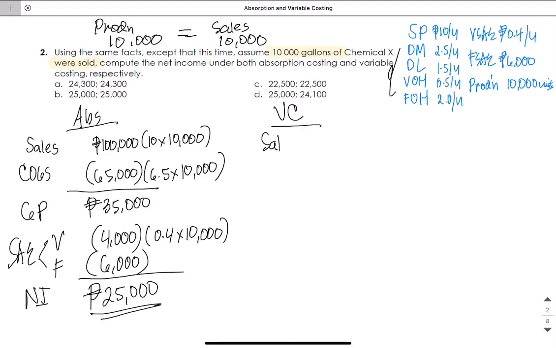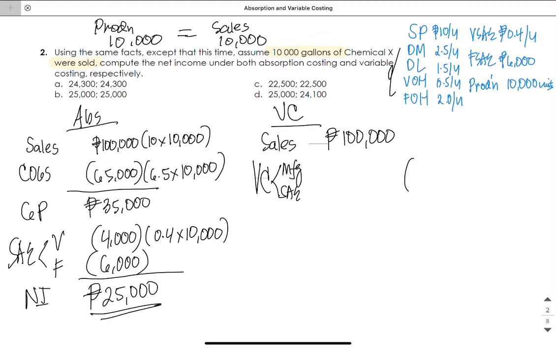Next, let's compute variable costing income. Sales will be the same, 100,000. But we have to deduct the variable cost, all variable cost, inclusive of the period cost or the selling and admin expense. So let's compute all manufacturing and selling and admin.